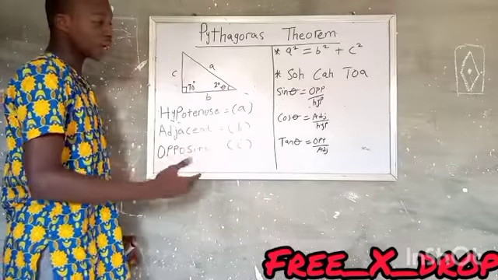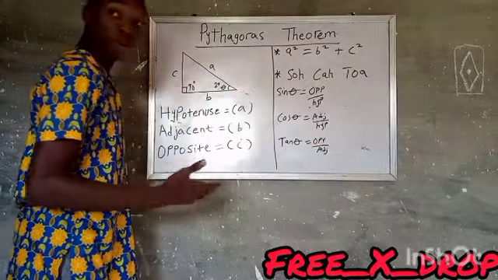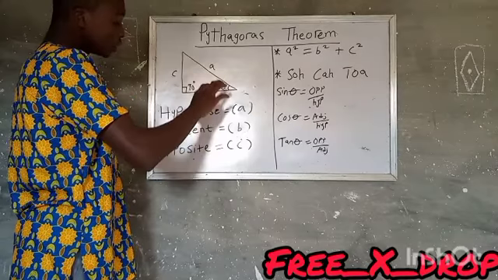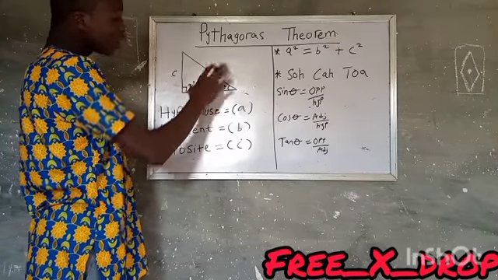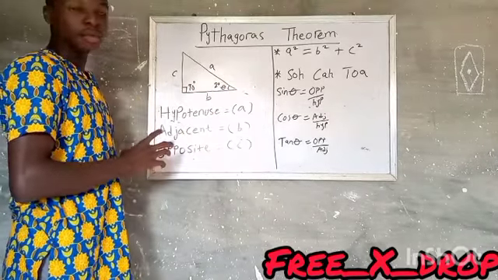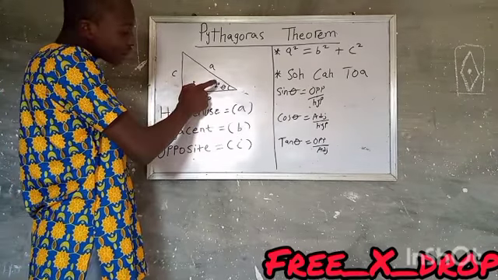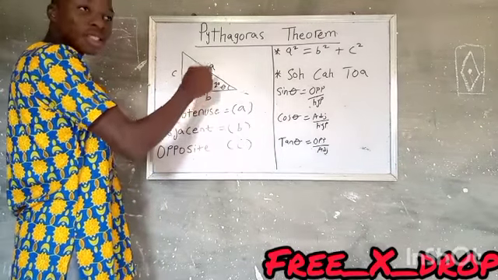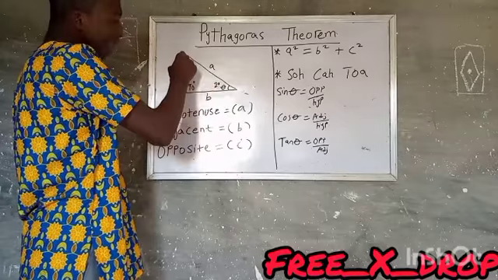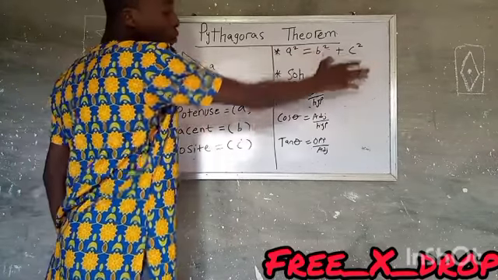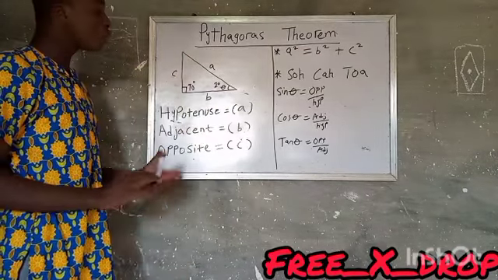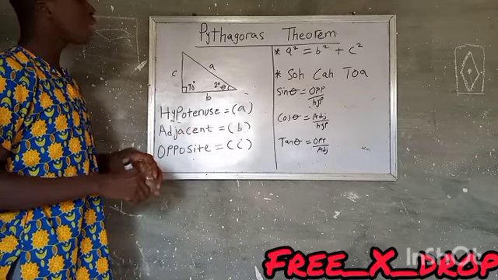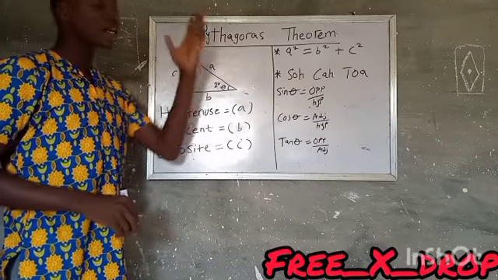You see the trick now? The opposite over the adjacent, which you are looking for. So for this kind of questions, you don't really need all the sides. But for questions without this theta, or without the angle here, you have to use this formula. So these are the two basic formulas which you have to know while using Pythagoras theorem.